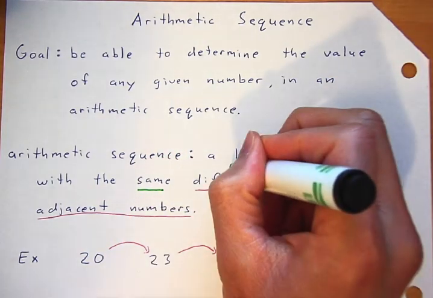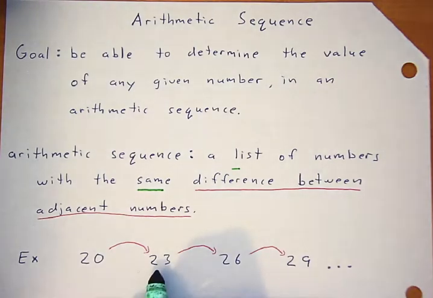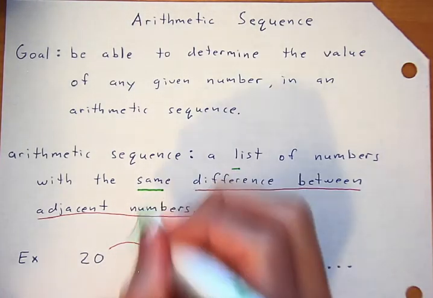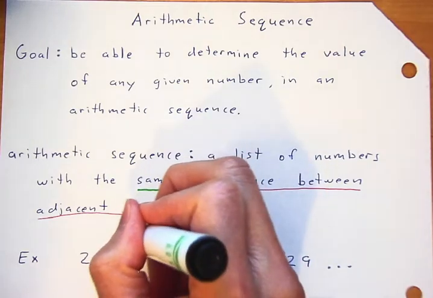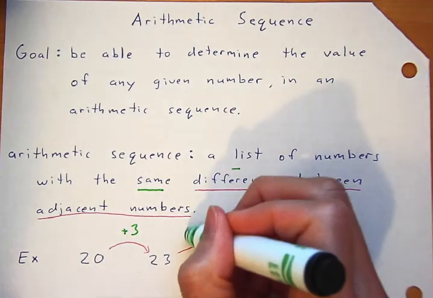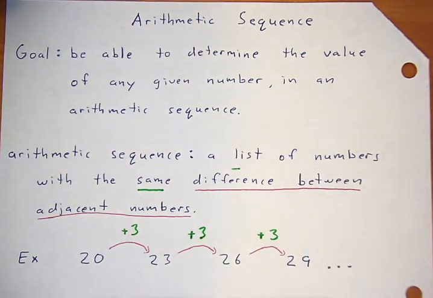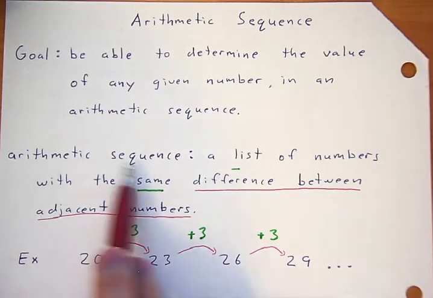Here, difference means subtraction. So 23 minus 20 is 3. 26 minus 23. So the difference between each number and the one after it is always the same in an arithmetic sequence.